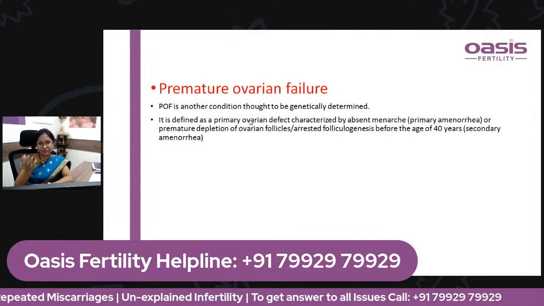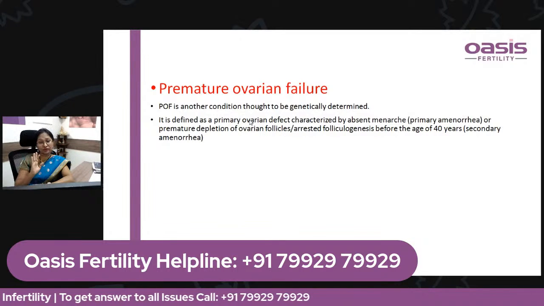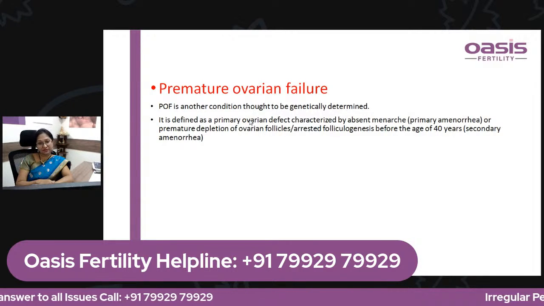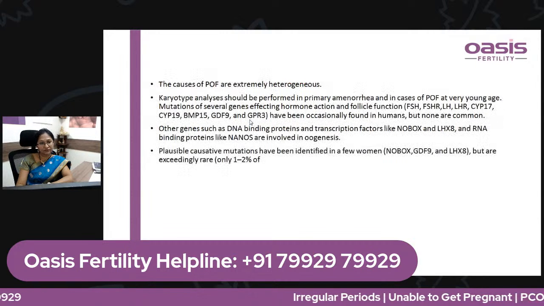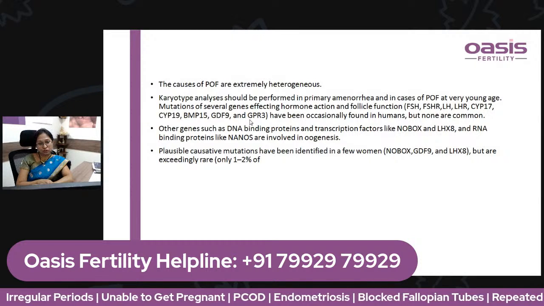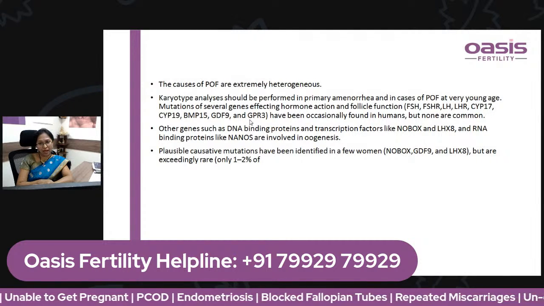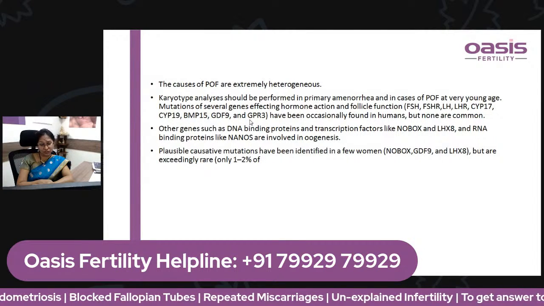They may have primary amenorrhea or premature depletion of the ovarian follicles leading to secondary amenorrhea. So that is premature ovarian failure. The causes are extremely heterogeneous, and karyotype analysis should be performed in primary amenorrhea and in cases of premature ovarian failure at a very young age.